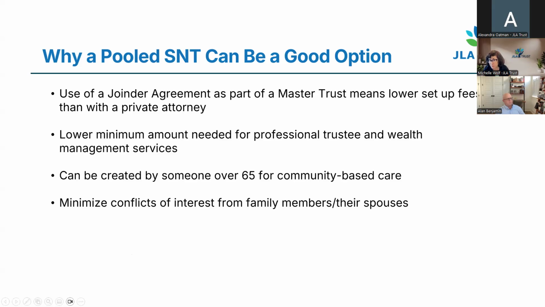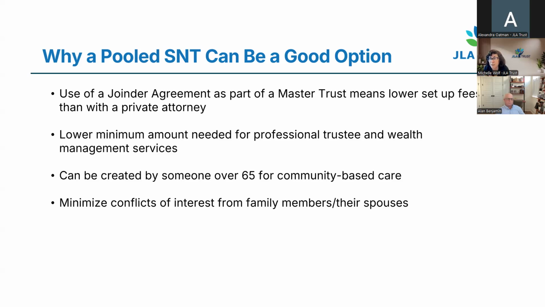Now, for most people, the pooled special needs trust is going to be a good option because of the lower setup fees. If you would like to use a bank or another corporate trustee to handle your child's special needs trust, there are lots of people out there who are happy to do it, but they want to see at least $1 million. Most of them are increasing that to 1.5 or 2 million.